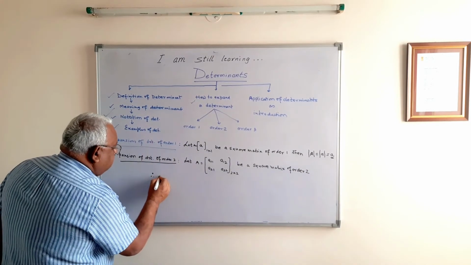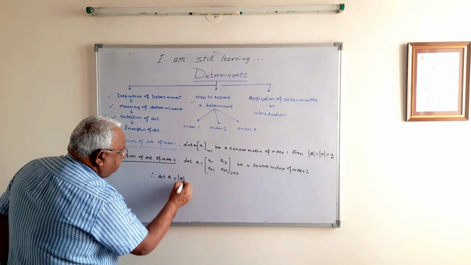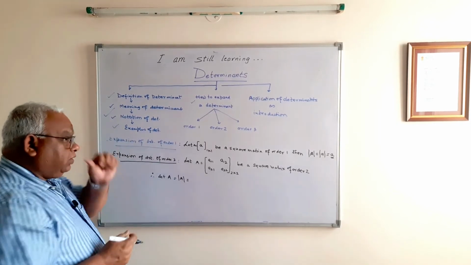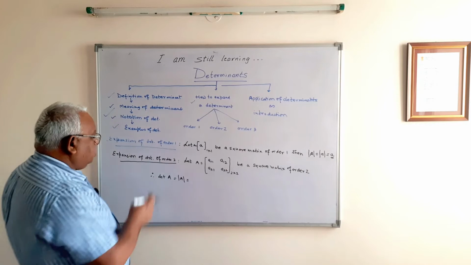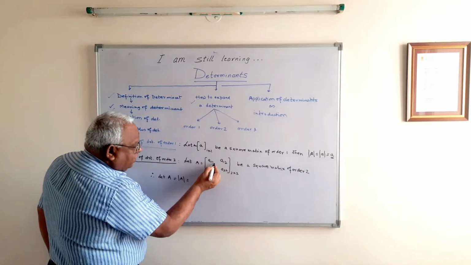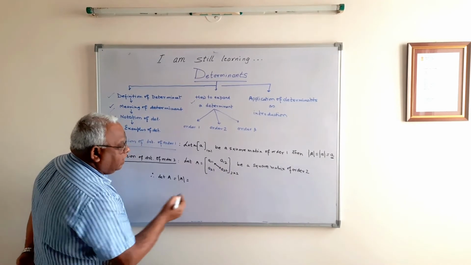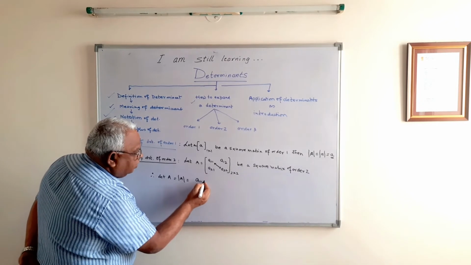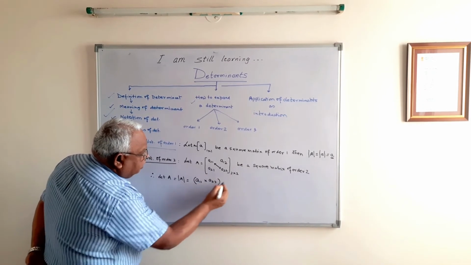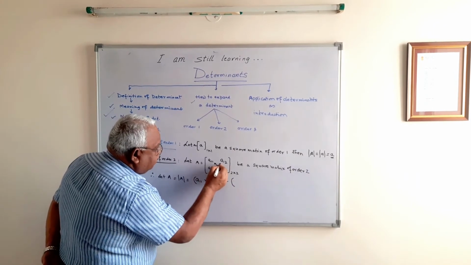Therefore determinant of A is equal to what I explained to you in my definition or example of 2 cross 2, that you will first multiply the elements on the main diagonal, that is A11 will be multiplied with A22, and then you will put the operational sign, and then you will cross multiply.